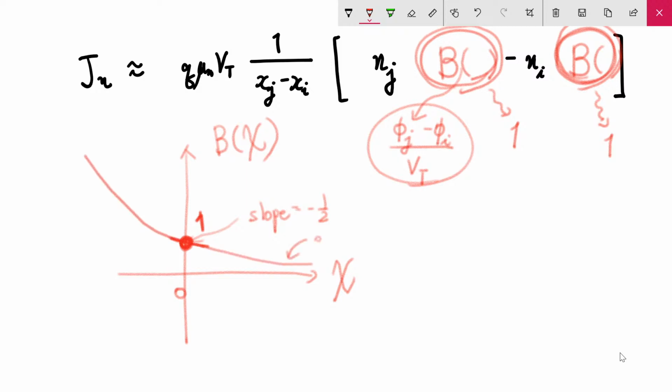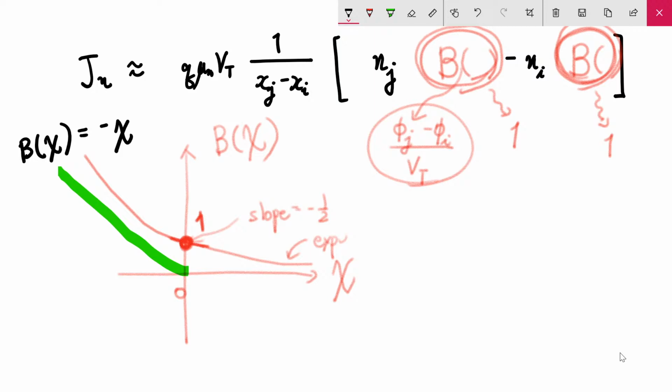Here we have an exponentially decaying function, and here we have an asymptotic form like this. Just follow that green line, which is simply given by the Bernoulli function of chi, which should follow minus chi.